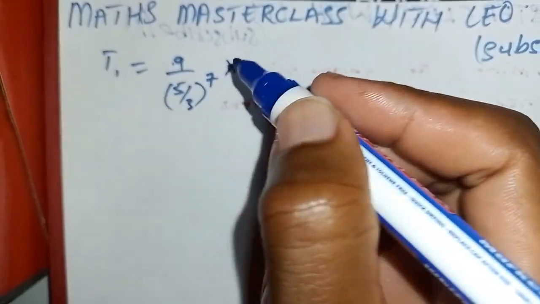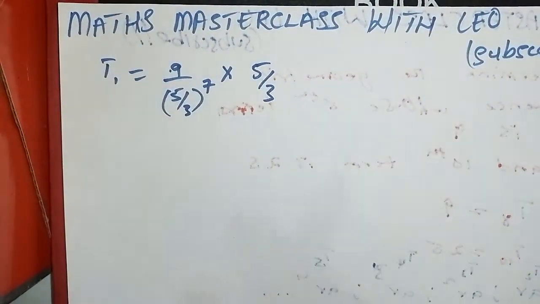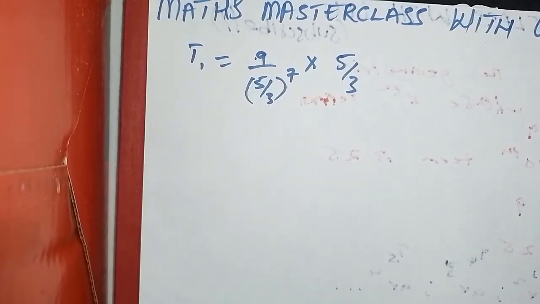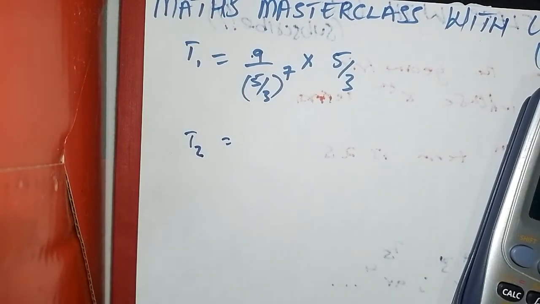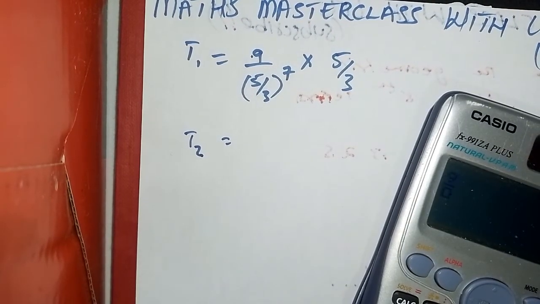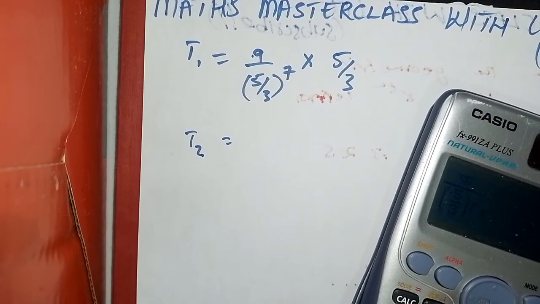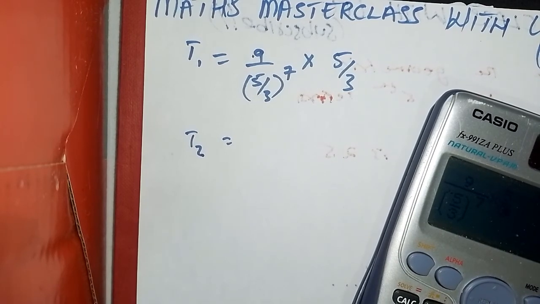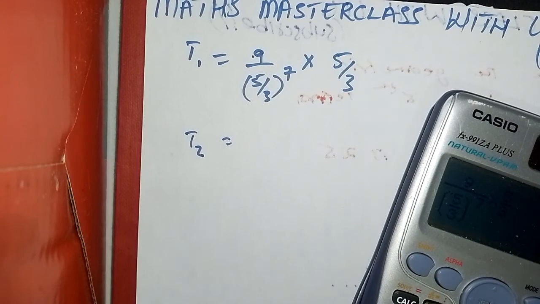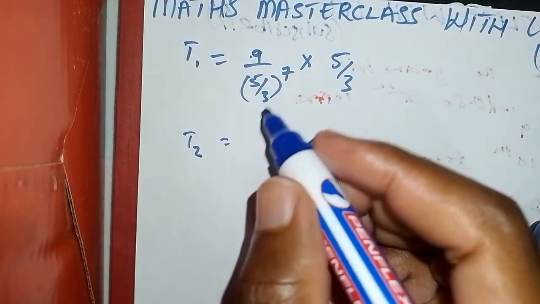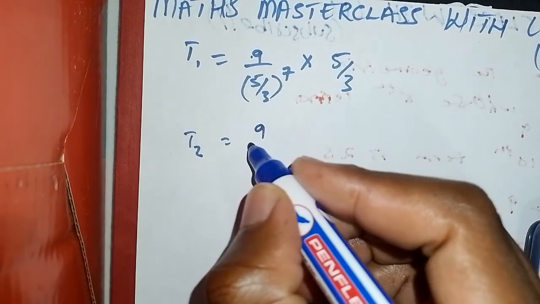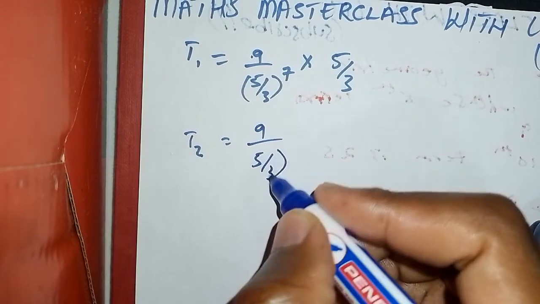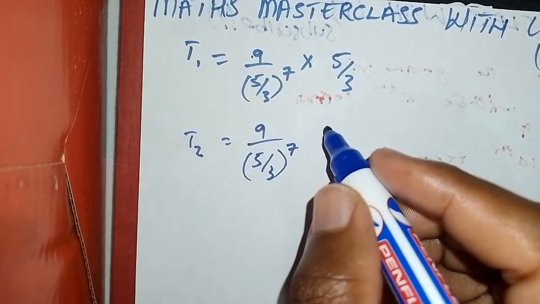This we can multiply by r, which is 5 over 3, and then we will get the next term, which is T2. T2 is equal to 9 over 5 over 3 to the power 7 multiplied by 5 over 3. I don't want to write them out because they are decimals.